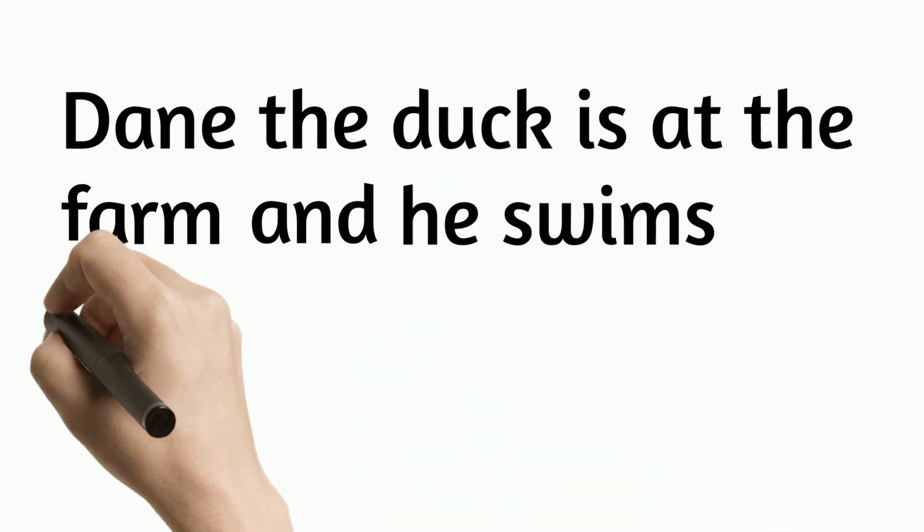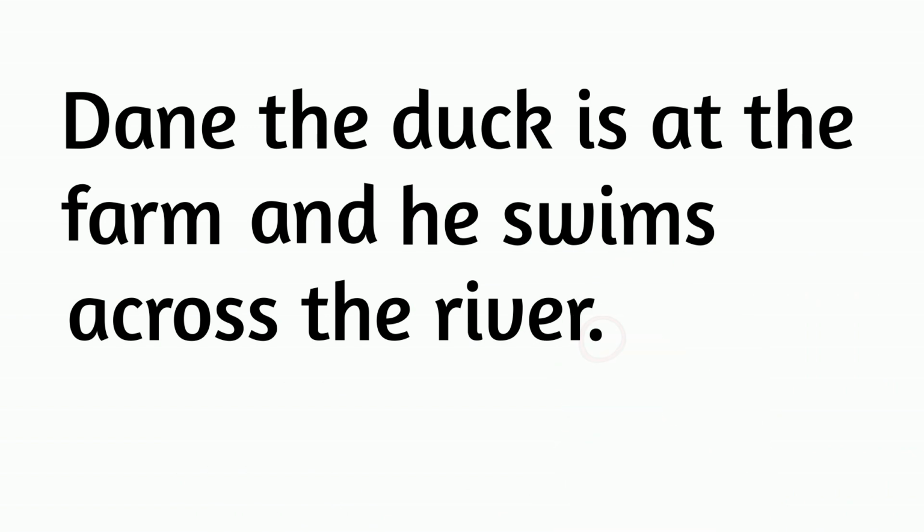He swims across the river, and this is where I place my only full stop at the end of the two clauses. Now listen as I read my new compound sentence. Dane the duck is at the farm and he swims across the river.